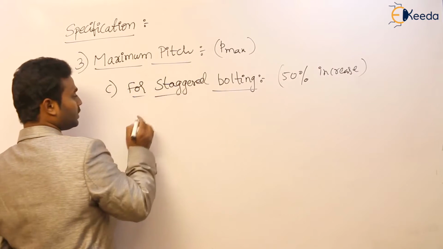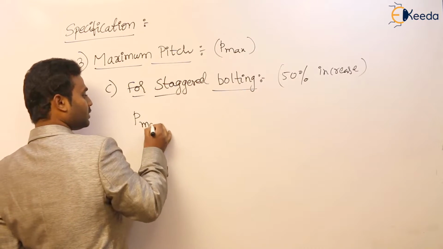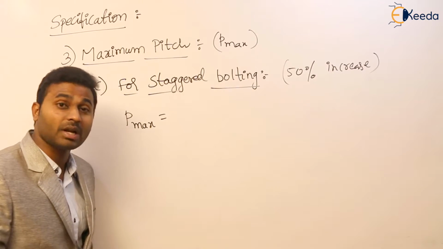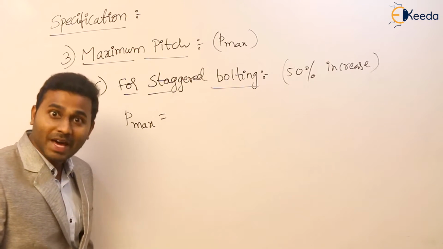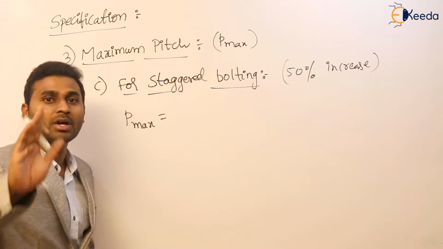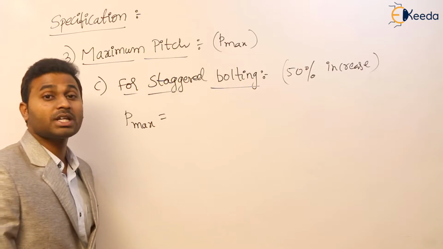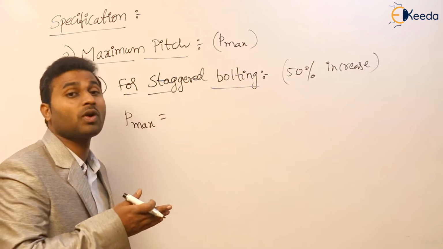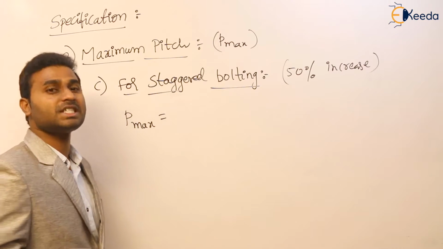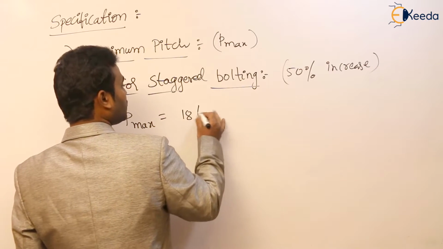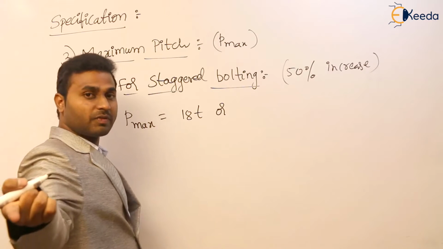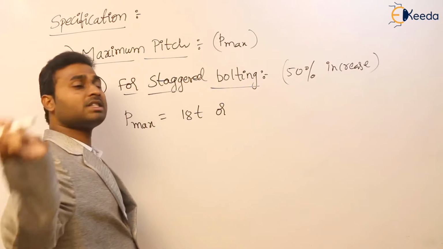So what is the Pmax for the compression member we have discussed? Come on, tell me. Pmax is 12T or 200 mm. Now increase by 50%. 50% of 12 is 6, so 12 plus 6 is 18T. 50% of 200 is 100, so 200 plus 100 is 300.